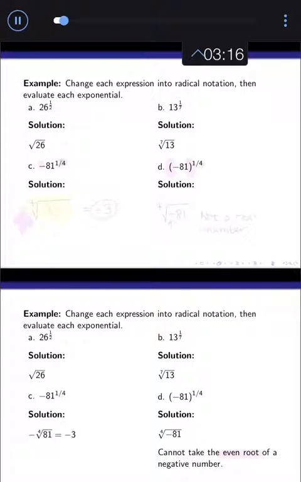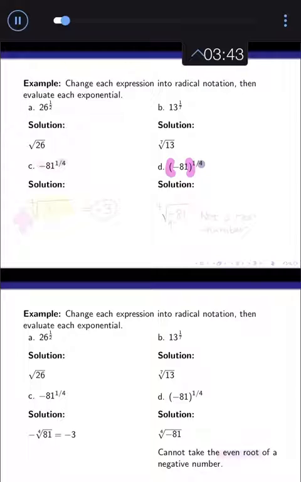So on one of these, the negative sign that's attached to the 81 will be inside of the 4th root, and on the other it will be on the outside of the 4th root. Which one is which? Well, notice that D has parentheses around the negative, which means that the negative will be on the inside of your, in this case, 4th root.